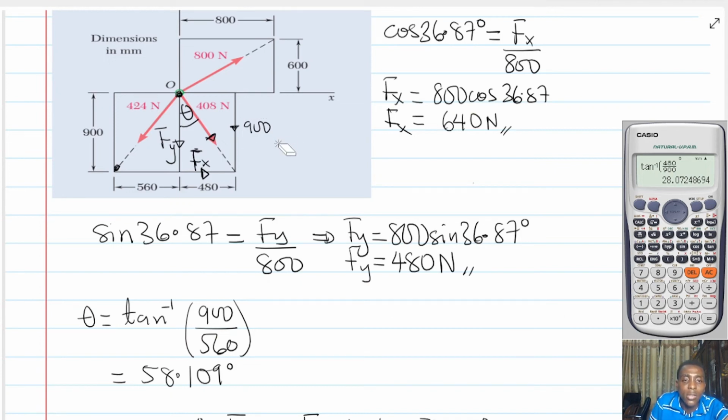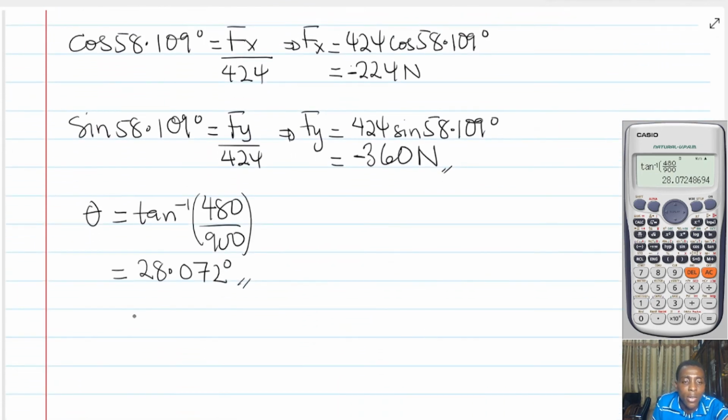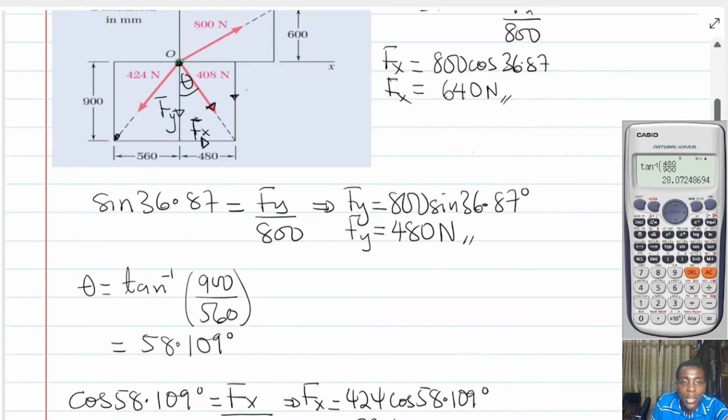Now let's solve for fx and fy using the trigonometric ratios. Let's find cos 28.072. Let's look at the diagram carefully. Cosine is actually adjacent on hypotenuse.